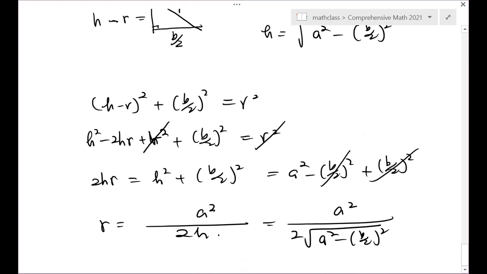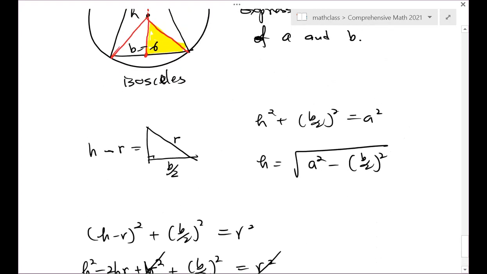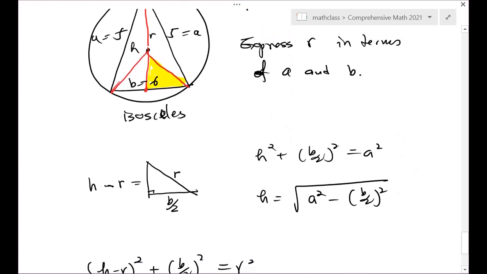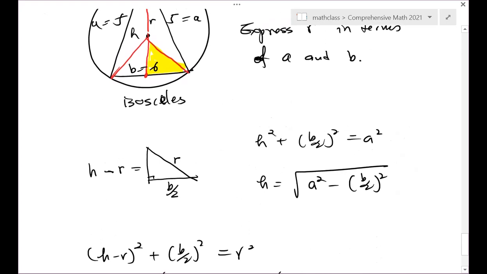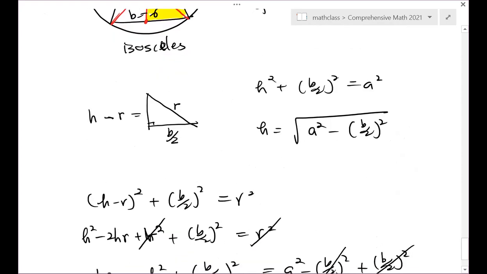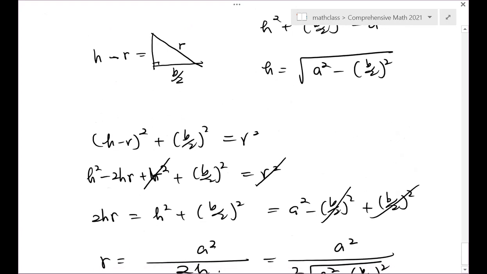We applied the Pythagorean theorem twice. First, you get the height of the triangle. Then you can express each side of this shaded right triangle in terms of r, a and b. Then apply the Pythagorean theorem, you get an equation. Then you can solve for the radius r.